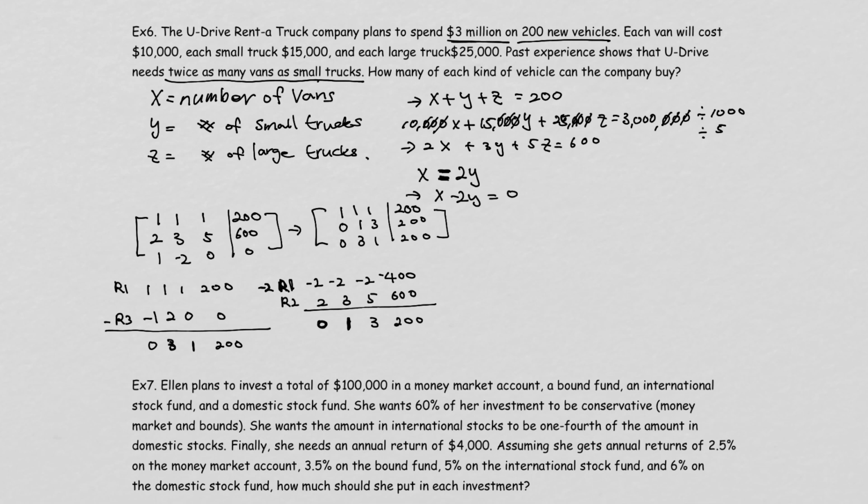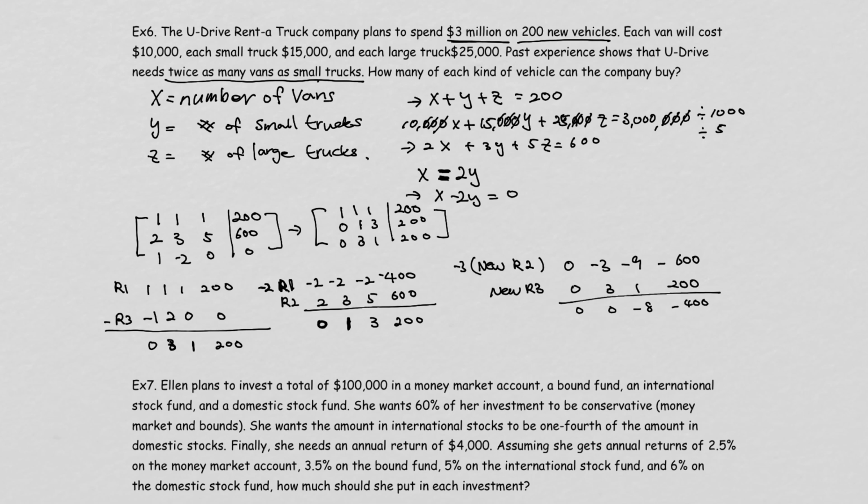In order to have these 2 cancel out, to make it 0, I guess I need to multiply the second row by -3. So then you will end up getting 0, 0, -8, which gives you -400.